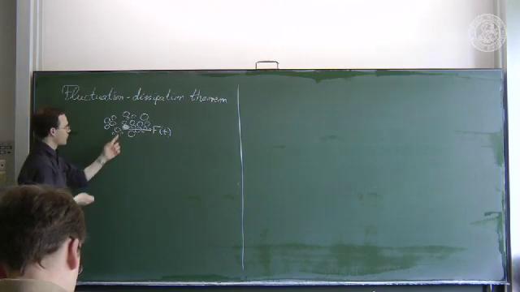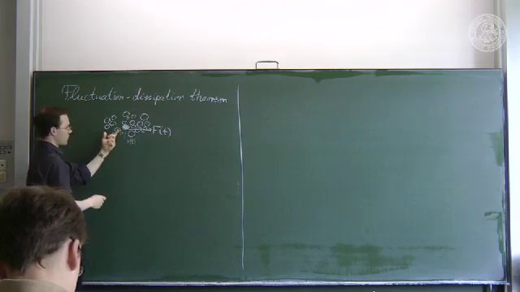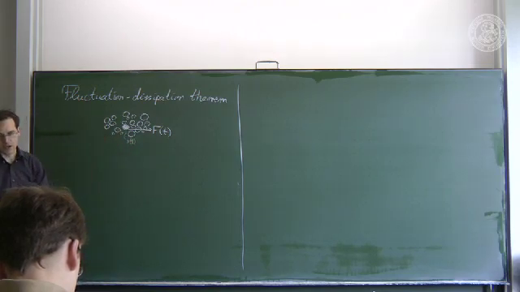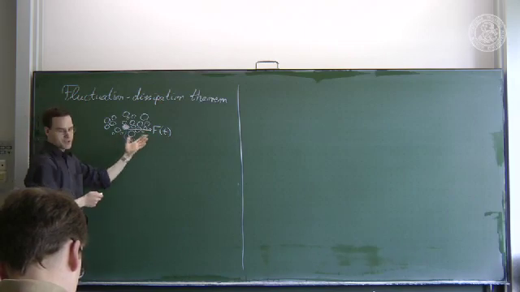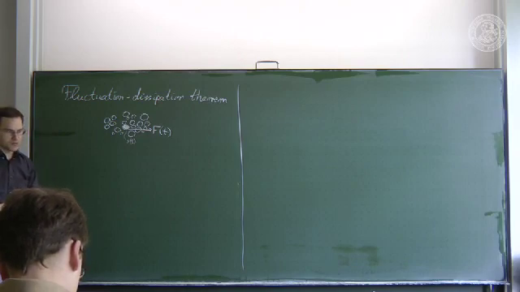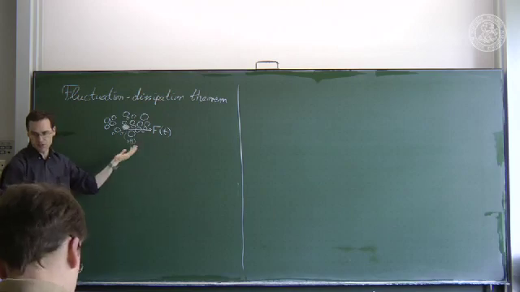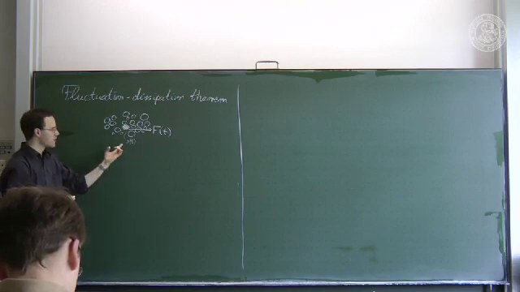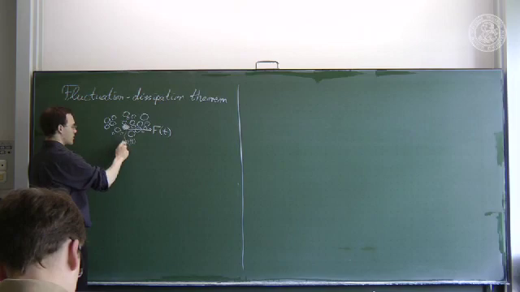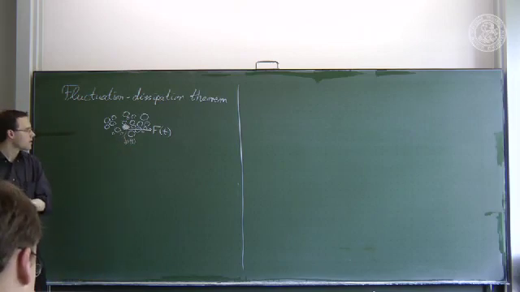Then the position, say, of this particle, or the velocity of that particle, or any other observable that you could be interested in, will show some response to the force. So you can compare the situation when the force is present with the situation when the force is absent and see how, say, the coordinate changes in between these two situations.